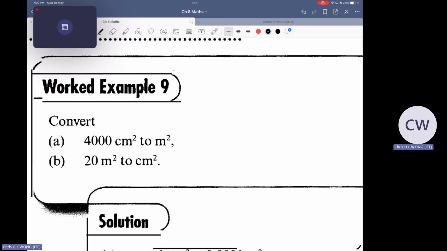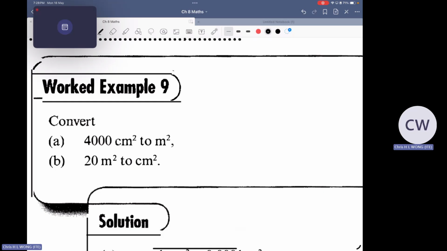Let me show you one so you know what I'm talking about. Convert 4,000 centimeters square to meter square. Before you ever do any conversion, you must know how you represent cm and how you represent meter.